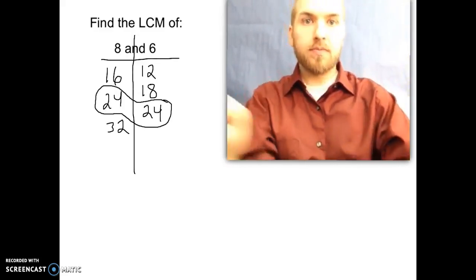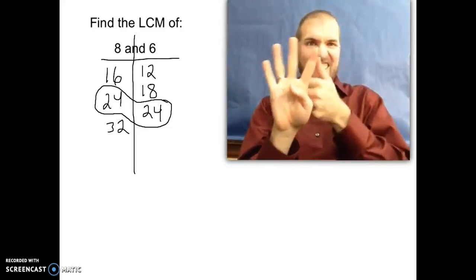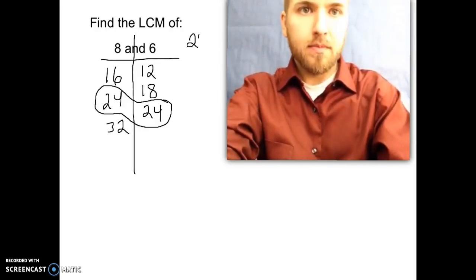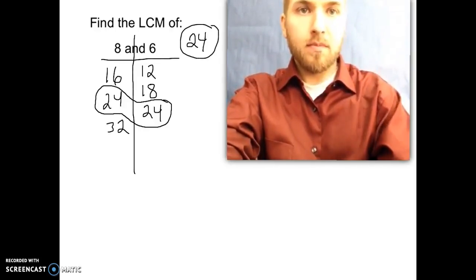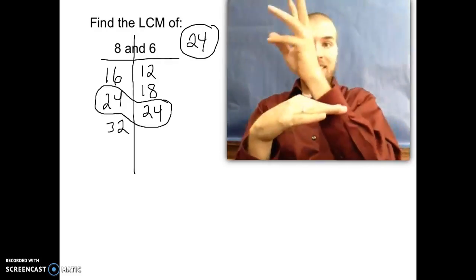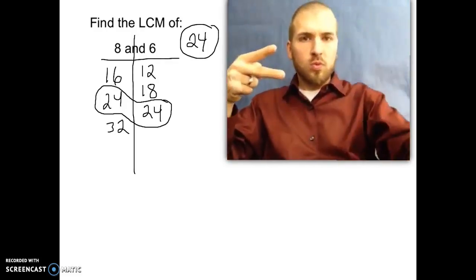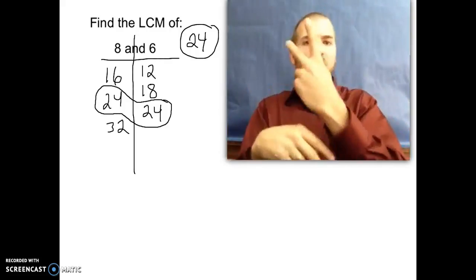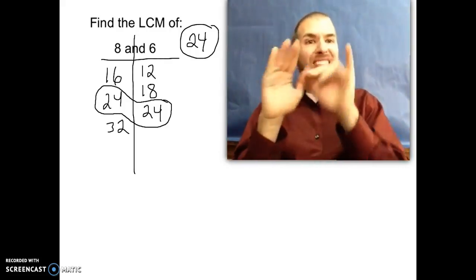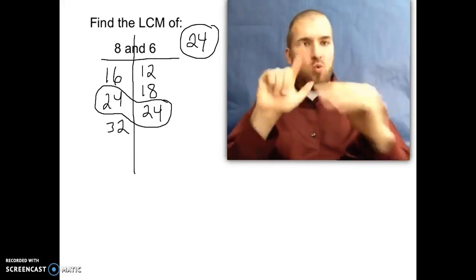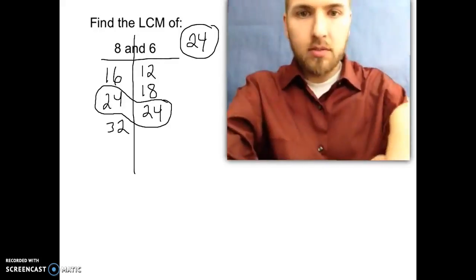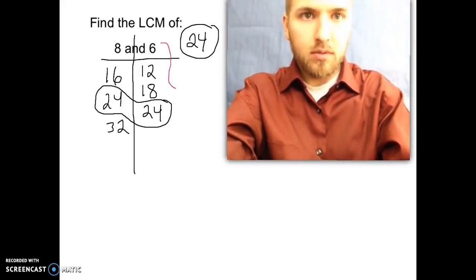So that's going to be the least common multiple, or the LCM. You notice that 8 times 3 is 24, but 6 times 4 is 24.